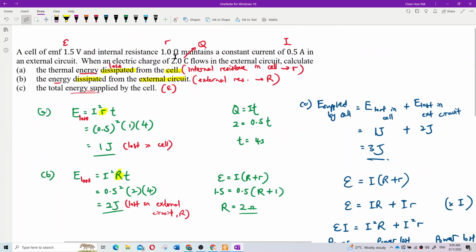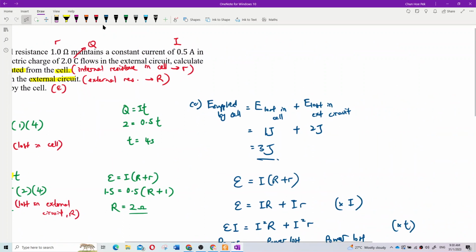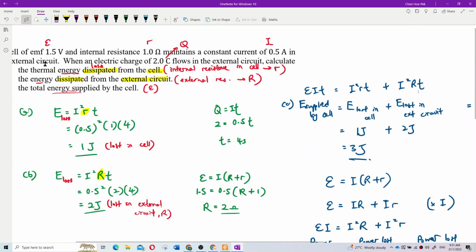So we can also use another formula, EIt equals I square small rt plus I square capital Rt. So maybe you can use EIt and calculate. You get 3 joule also. Don't believe me, you try.